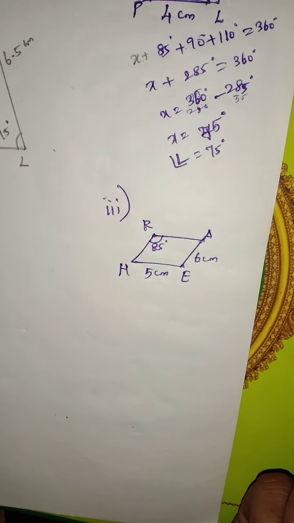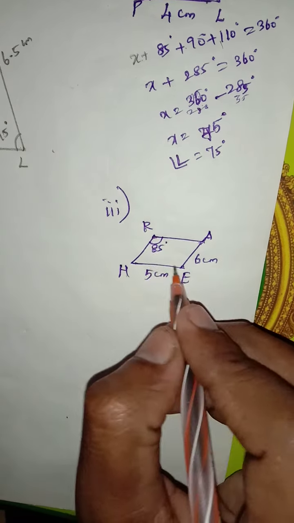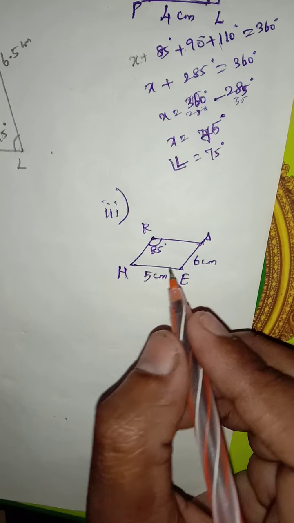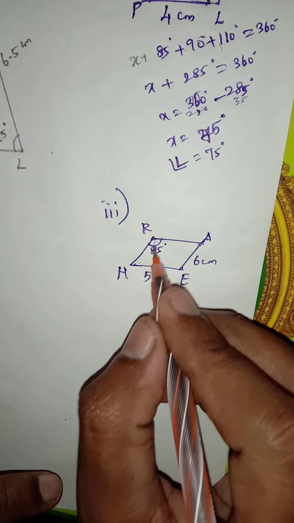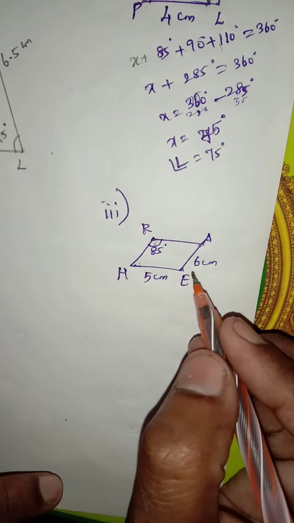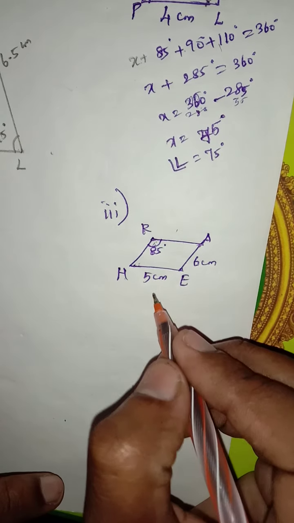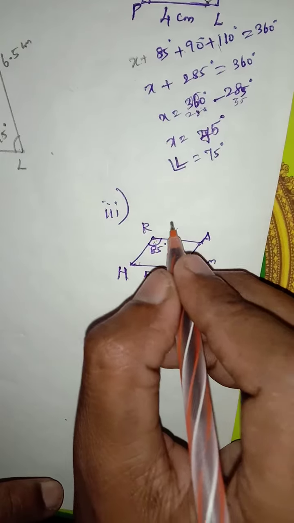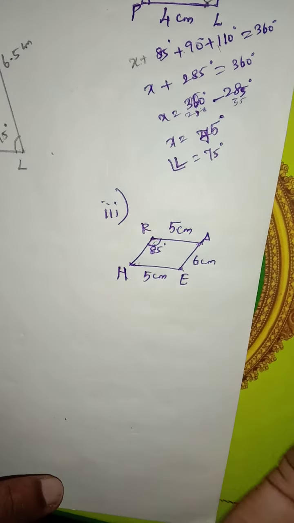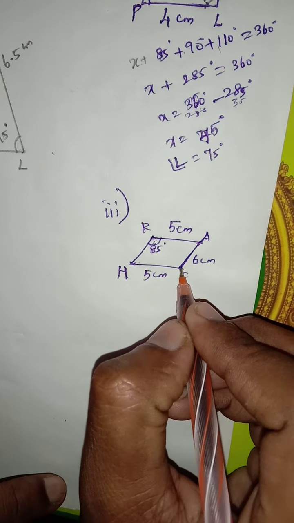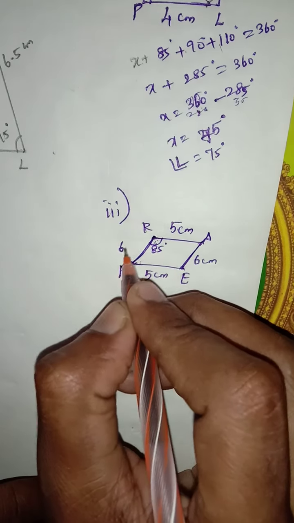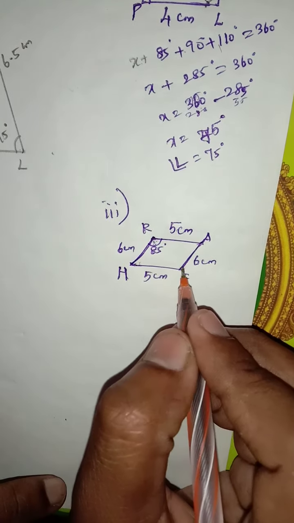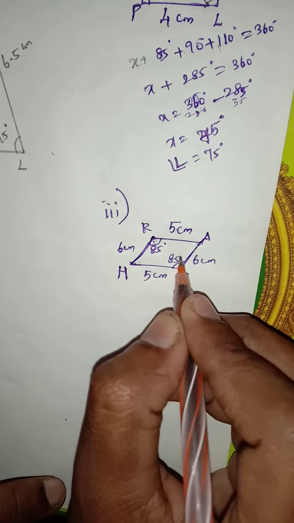So we know the properties of parallelogram. Opposite angles are equal. The sum of adjacent angles is 180 degree. That also we know. And opposite sides are parallel. So if HE is 5 centimeter, definitely RE is also 5 centimeter. If this is 6 centimeter, then HR is also 6 centimeter. If this is 85, this is also 85 degree.